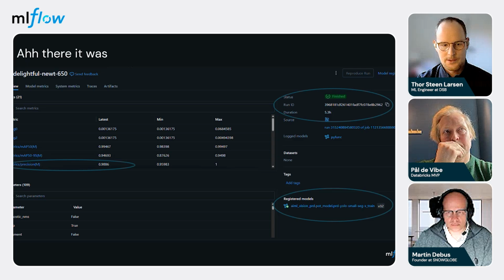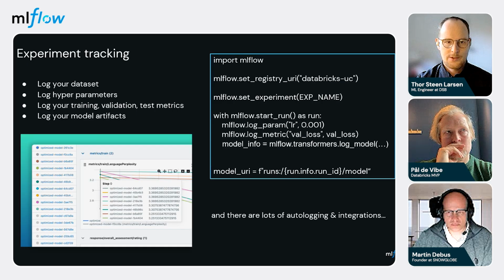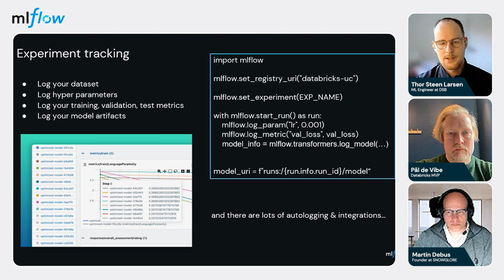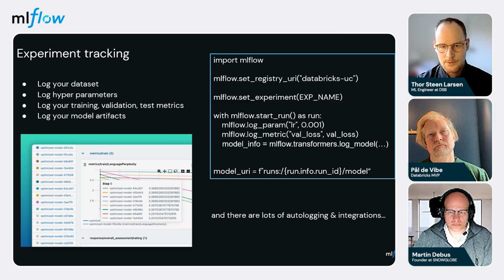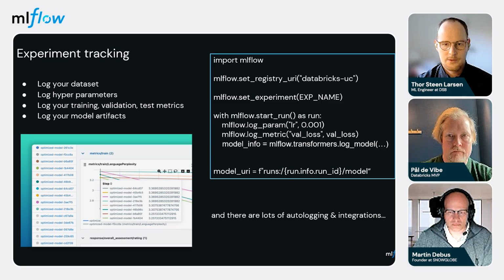And how do you get this? Everything starts with starting an experiment and starting an MLflow run. In this run, you can do whatever you want, and of course you want to log something to it. If you're training a model, you want to log the params and some metrics, and of course you want to log the model.